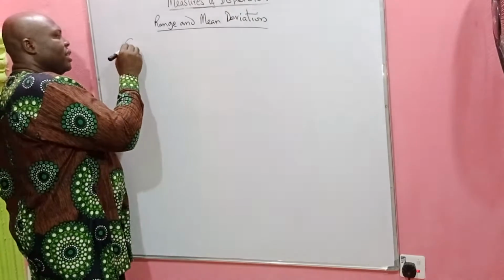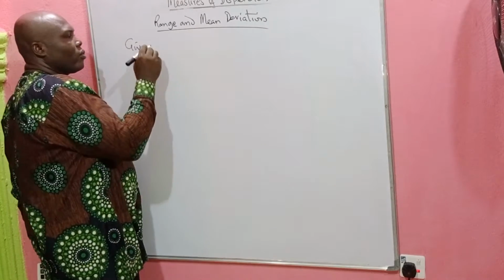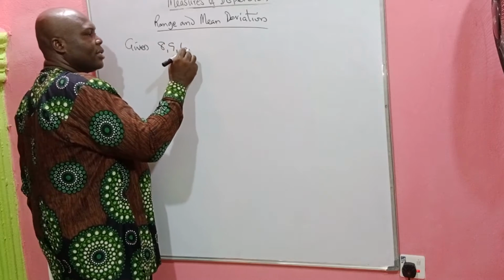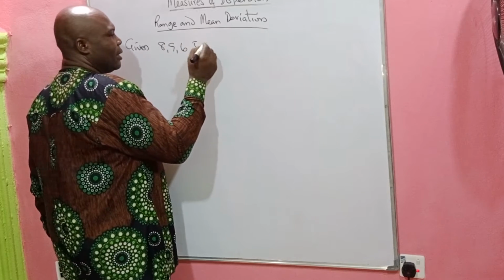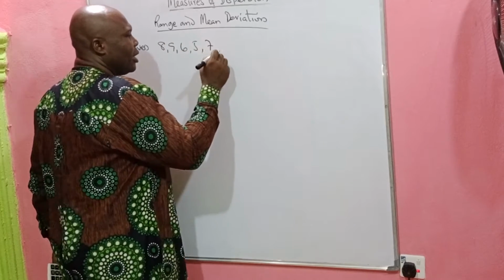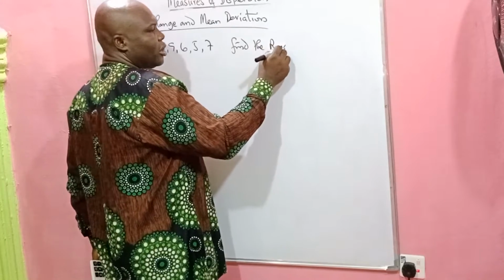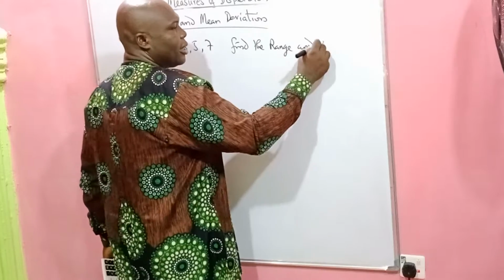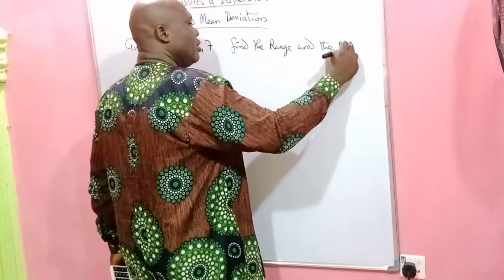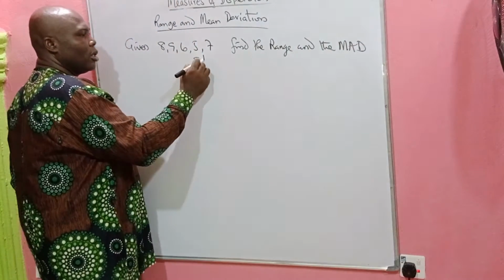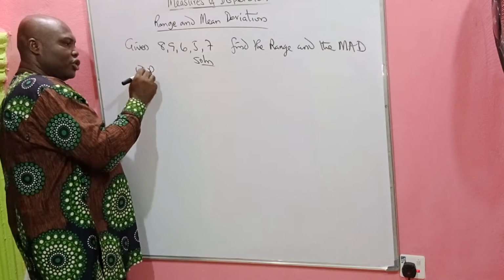Now you might be given this: 8, 9, 6, 5, and 7. Then find the range and the mean absolute deviation. Alright, solution. Now the range part.